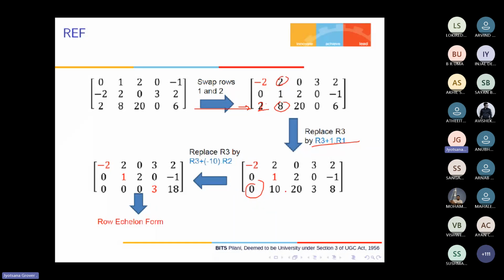Now here you have the leading entry of row 2. And why is it the leading entry of row 2? Because this is the first non-zero entry of row 2 and it is to the right of the leading entry of row 1. Okay. Now, what is the next objective? The next objective is the bottom element of row 3. Convert this to 0. Now how will you convert it? Tell me what row elementary operation you will apply.